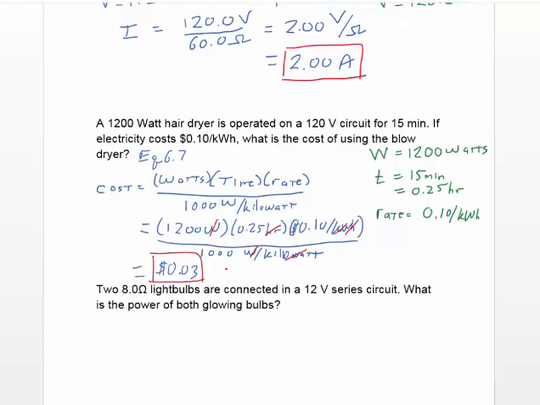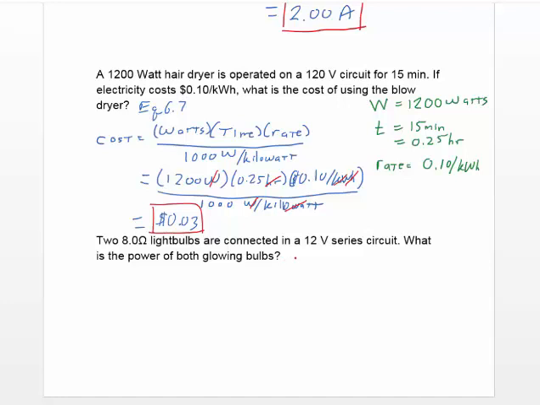Now finally, let's look at our last one here. Our last one says that two 8-ohm light bulbs are connected in a 12-volt series circuit. What is the power of both glowing bulbs? So let's see what we know here. Let's write down our numbers. We know that the resistance is equal to what?